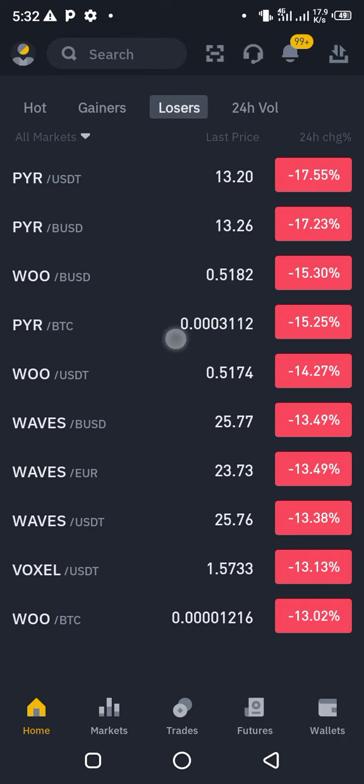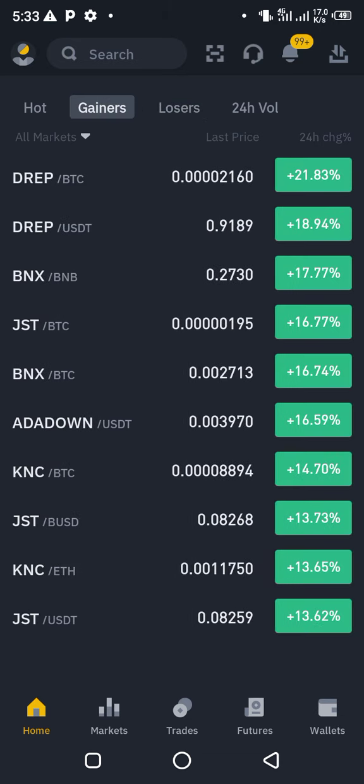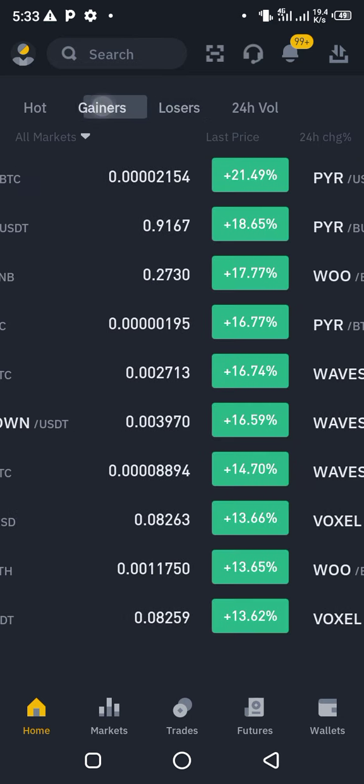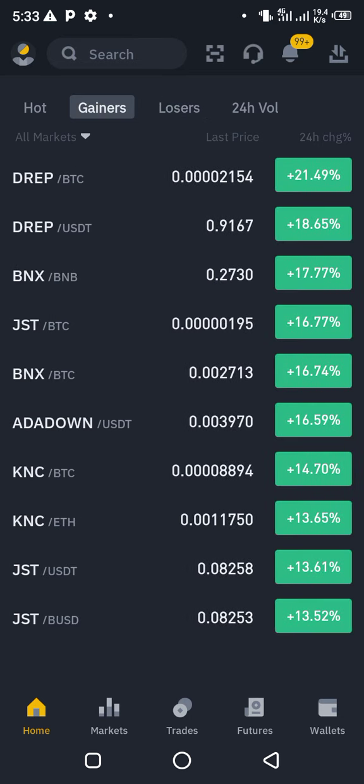This is telling you that people have dumped this coin. In other words, they were once found on the top gainers. Every coin you see here on top losers was first found on the top gainers, and that is why you are seeing them here now, because they've risen to a particular point and then they start declining. That's why we call them the top losers.